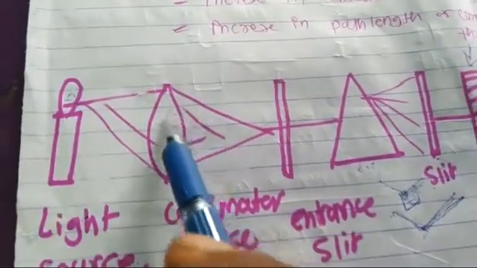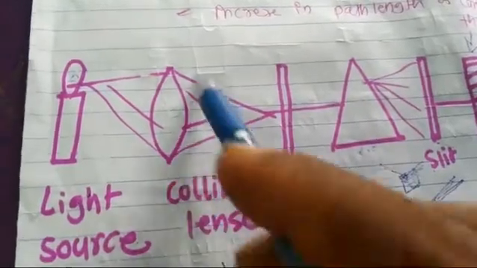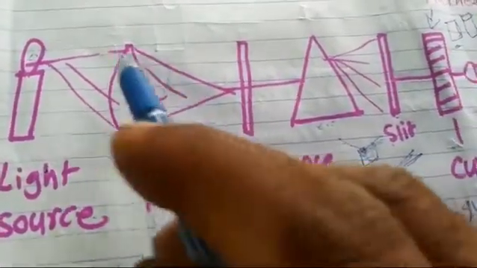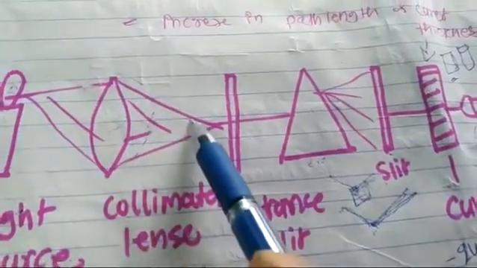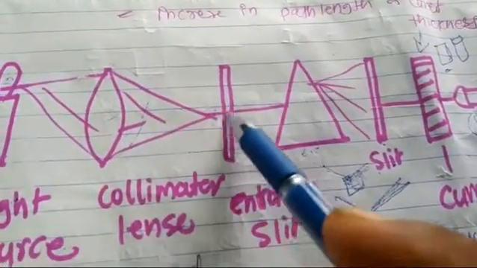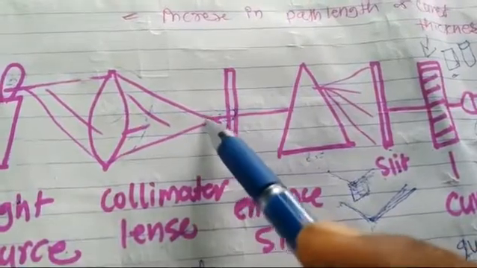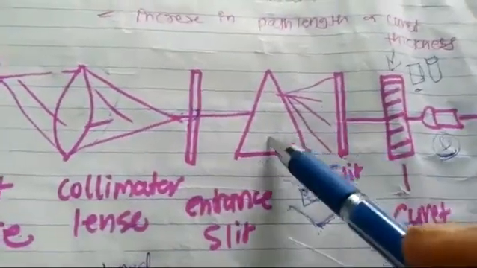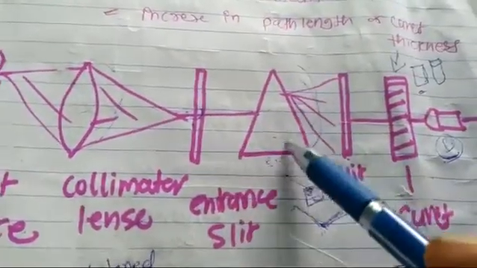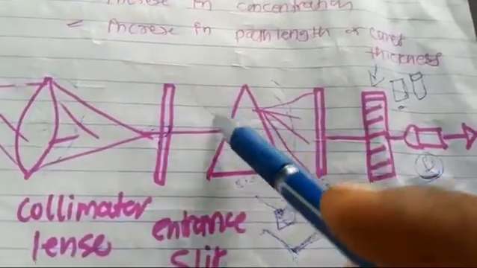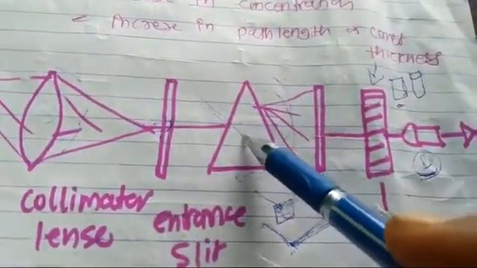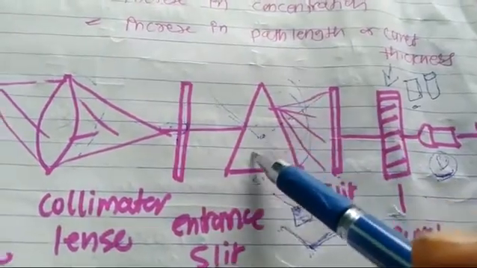These radiations are collected by the collimator lens. After this collimator lens, the radiation goes to the entrance slit, which has a small hole. The radiation goes to the prism, which consists of the grating. When light comes from the prism, it is refracted.